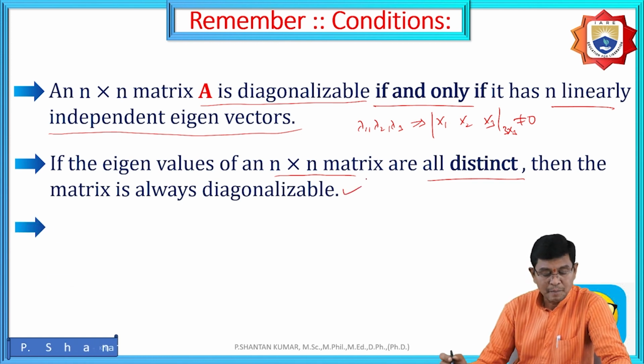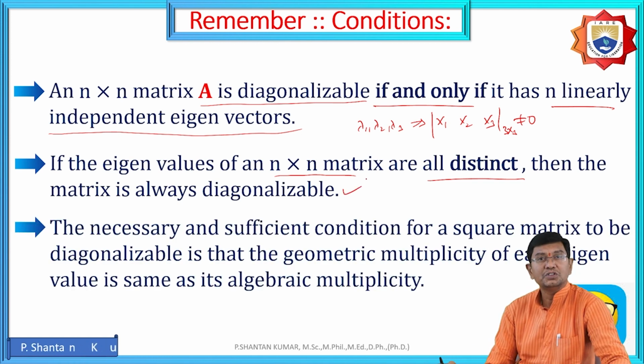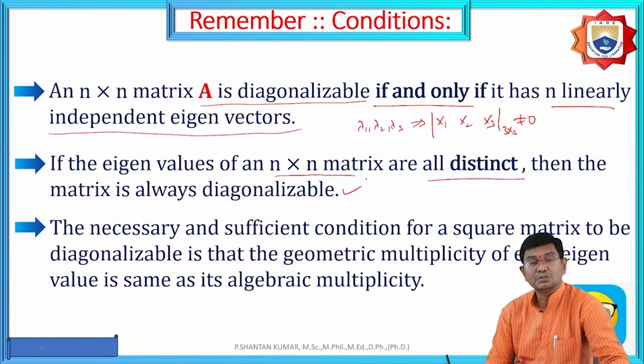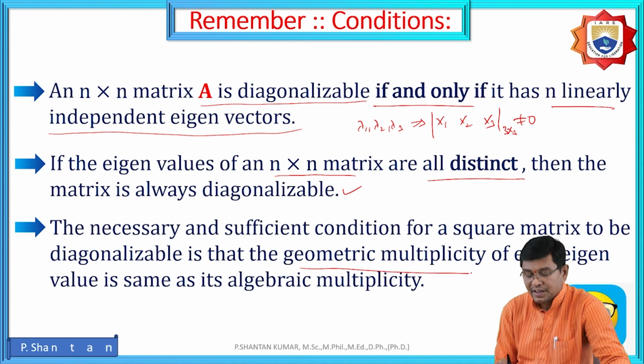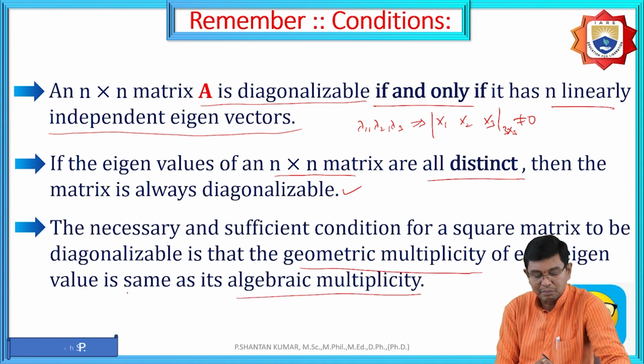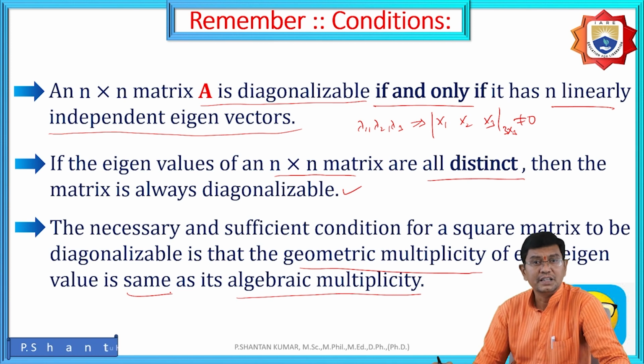And similarly, the necessary and sufficient condition for a square matrix to be diagonalizable is that the geometric multiplicity of each eigenvalue is the same as the algebraic multiplicity. What is the meaning of this?